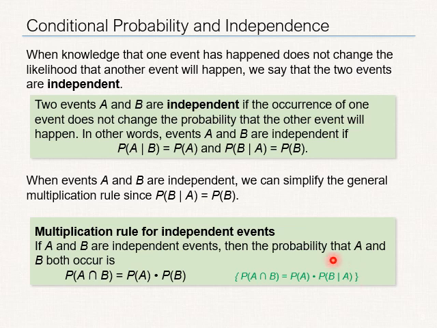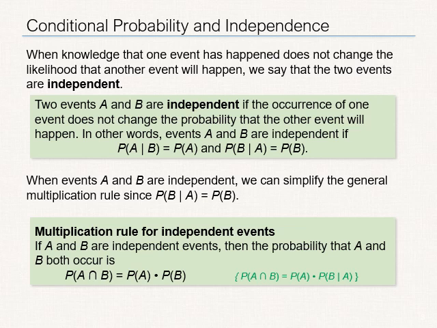But if the events are independent, then we can take out this probability of B given A and just put in the probability of B.